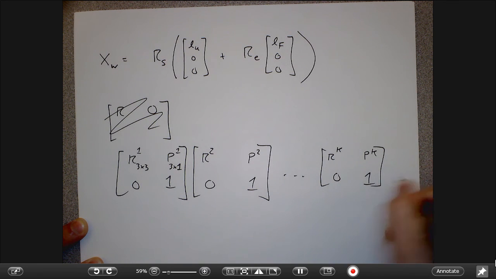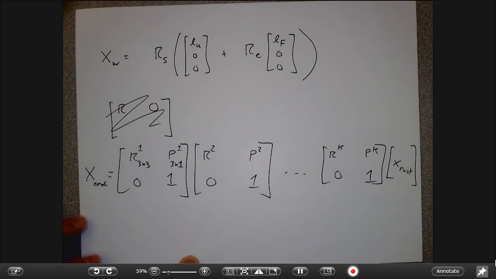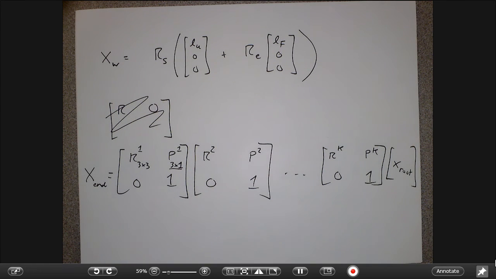To get the position of some end effector, I usually have to propagate the known position of the root through a bunch of rotations and translations. The rotations tell me the angles of the joints, and these 3x1 matrices basically encode the lengths of the limbs that connect the joints up. So I'm connecting up a bunch of bones and joints to get me to the final position.